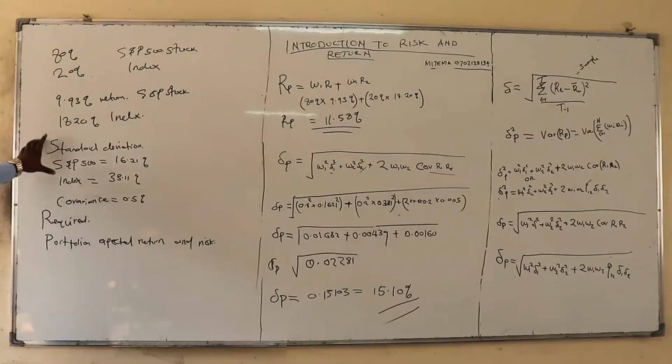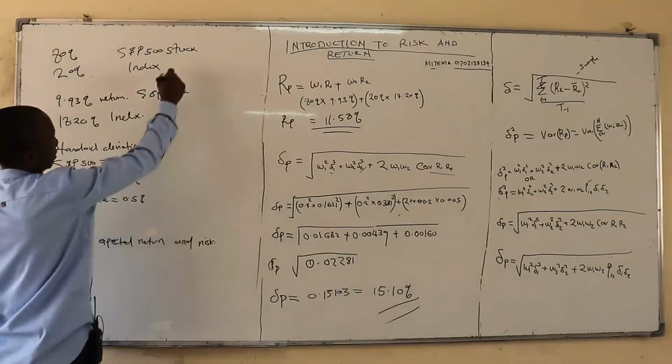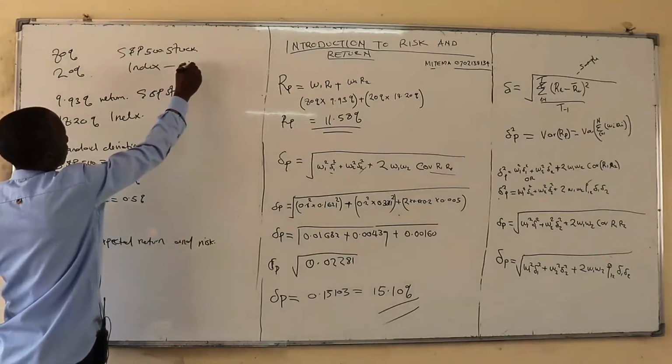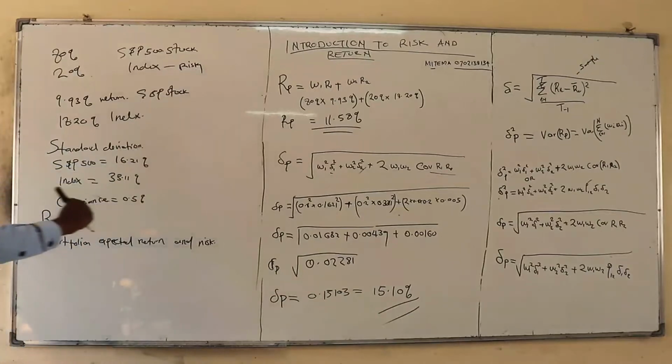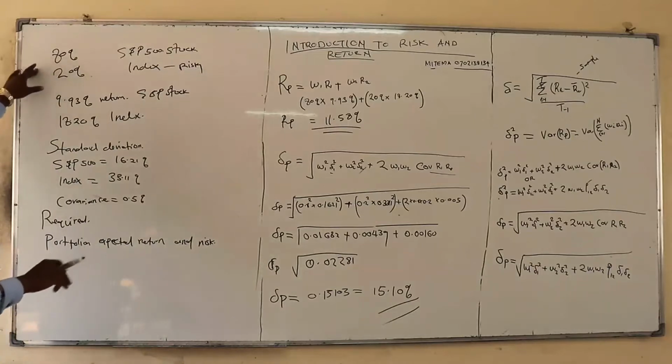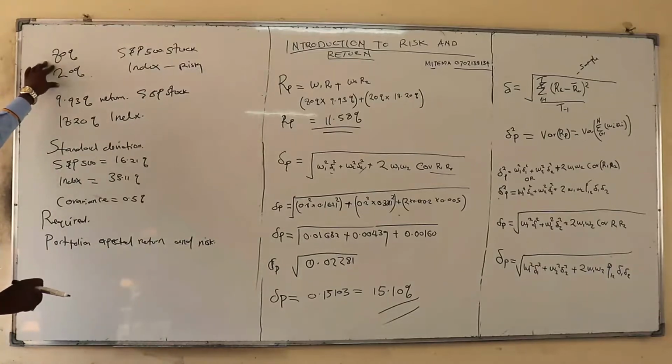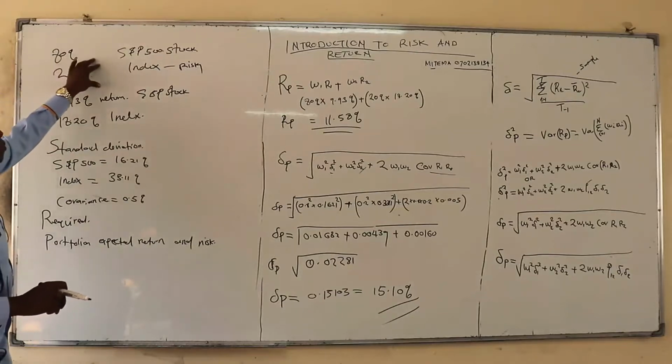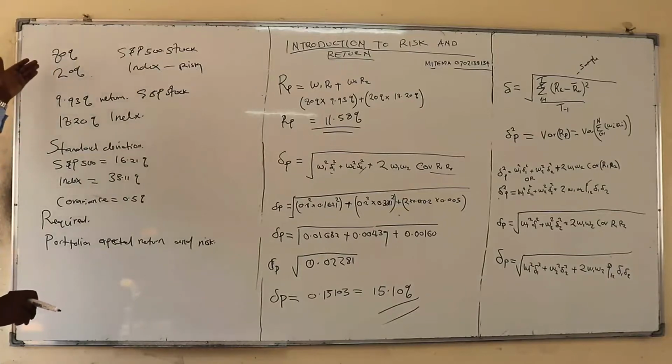Now, a combination of these two brings up a risk of 15%. But again, you find that in that portfolio structure, the asset which is very risky constitutes a small percentage of the portfolio, which is 20%, and the investment which is not really that risky constitutes the biggest percentage of the portfolio, which is 80%.